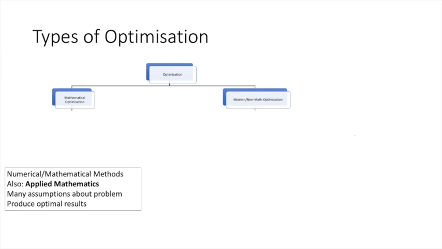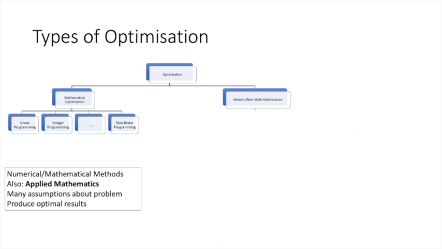However, in this course, we shall show that there are situations where these methods do not work, and therefore the so-called modern optimization methods have become popular. Popular numerical methods include names such as linear programming, integer programming, nonlinear programming, and there are others.